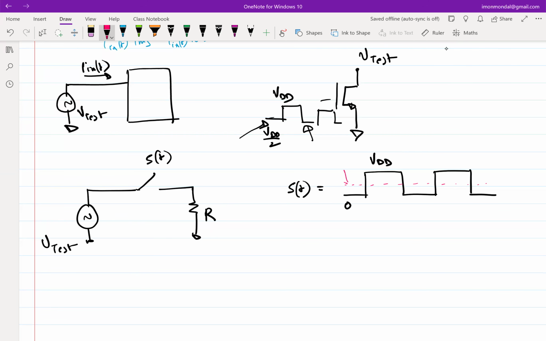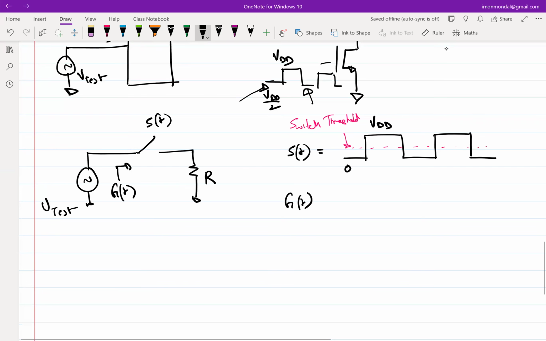So let's say this is the switch threshold. If ST is below the switch threshold, your switch is off, which means, if the switch is off, what is G? Looking at G of T.